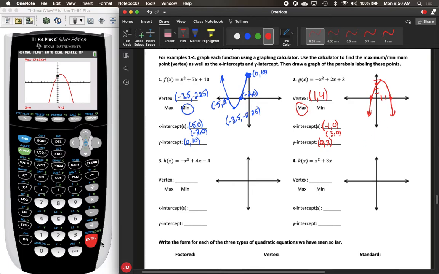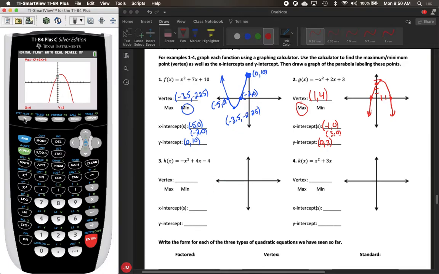All right, so let's take a look at a couple more, and then we will be done with this first part of today's notes. So for our next one, let's go back to our y equals menu. We're now going to clear out our second equation and type in our third equation. And again, that's going to be negative x squared, so make sure the negative sign is there, plus 4x minus 4.